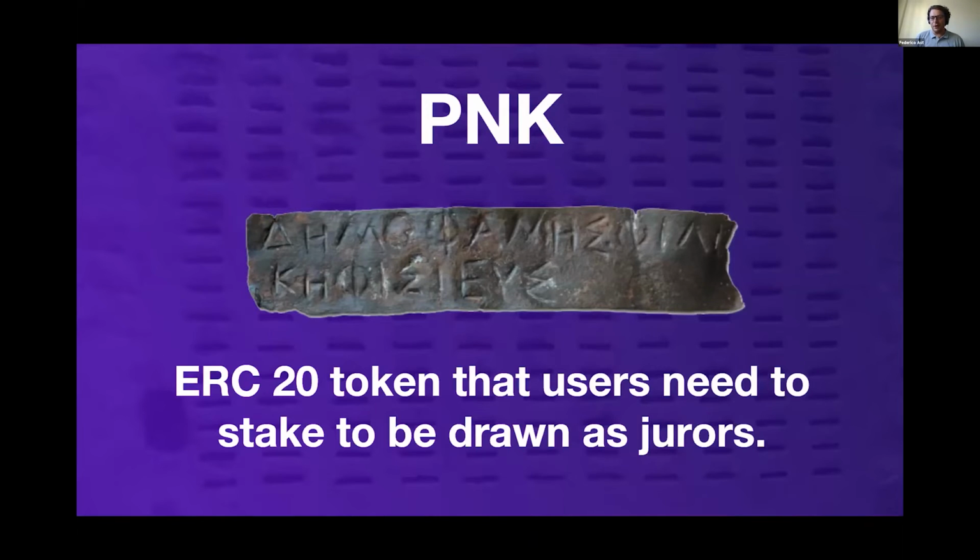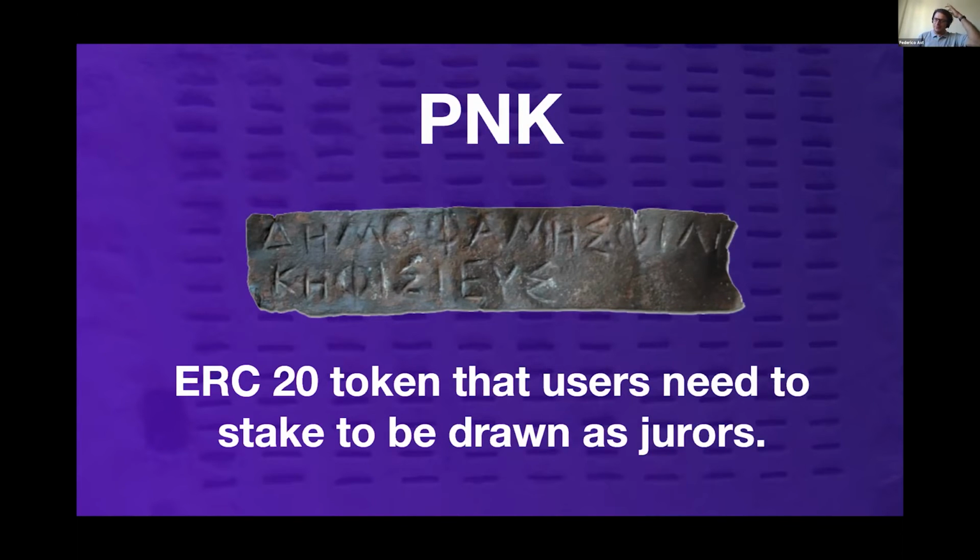In order to be an arbitrator in Kleros, you don't need to tell who you are, nor show what your skills are. You don't have to prove to anyone that you have the right skills to resolve disputes. But you have to buy a token called Pinakion, and the ticker is PNK, it's a token in Ethereum. The name comes from the ID that the ancient Athenians had for selecting jurors for the popular trials.